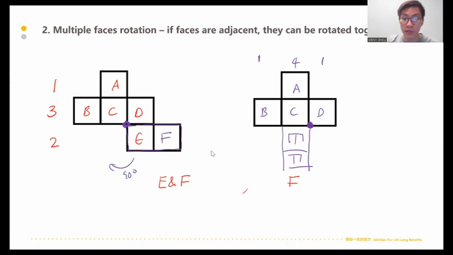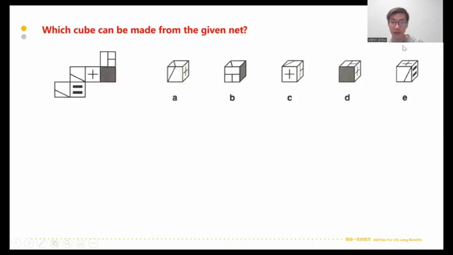So I'll show you some practice questions now that we can do together, and we're going to practice all the skills that we've learned, all the skills from the other session, for example opposite faces, but also some of this more complicated transforming nets skills. I hope everyone can see this question.